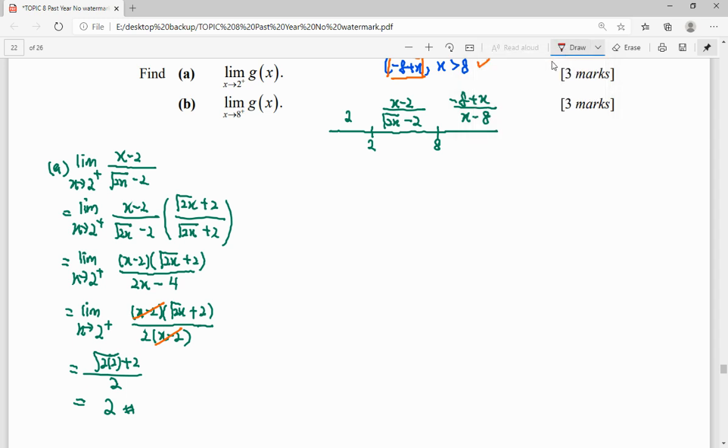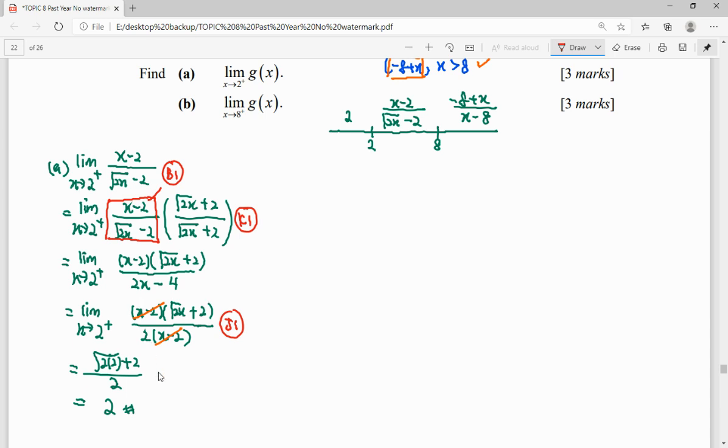What is important here is that for the first part, we select our function correctly when we want to find the limit approaching from the right hand side. Then to solve the indeterminate form, we use the concept of the conjugate and simplify our function into this format.